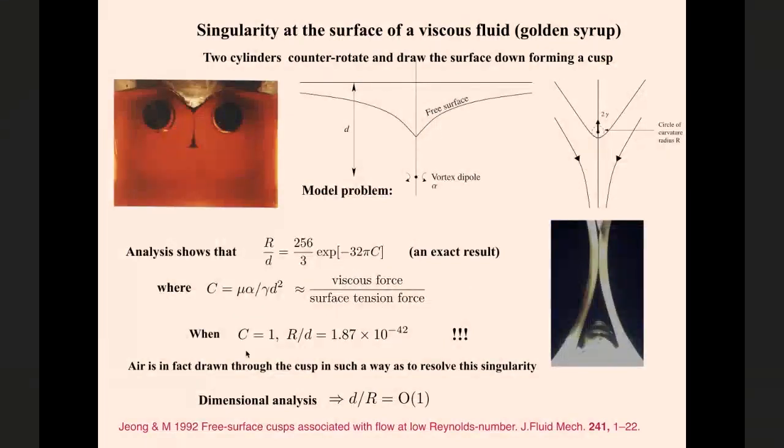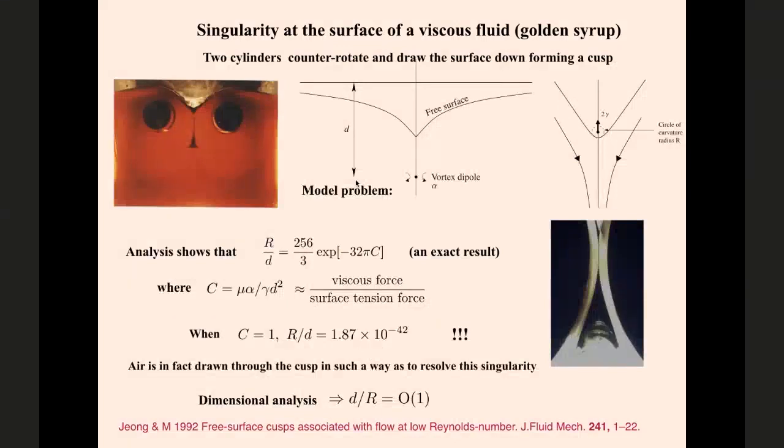Now, if you have a level playing field, C equals 1. The two forces, let's say, are in some kind of equilibrium. Then R over D, with C equals 1 here, we can work it out. It's an extraordinarily small number, which merits these 3 exclamation marks: 1.87 times 10 to the minus 42.